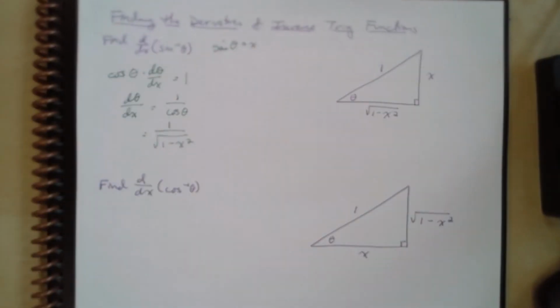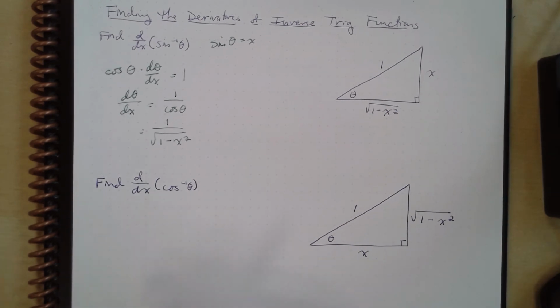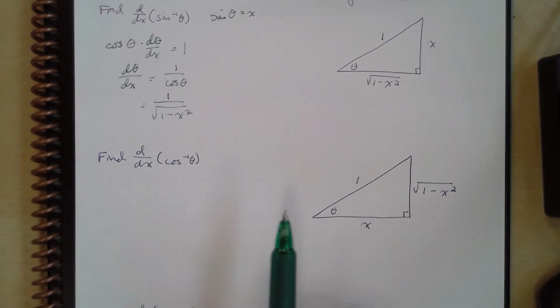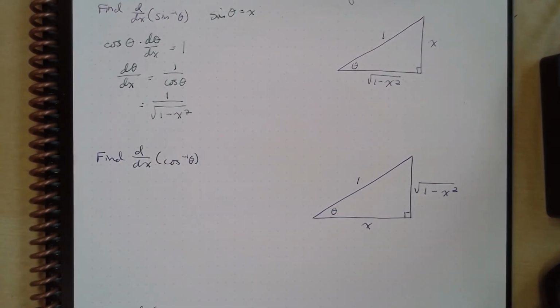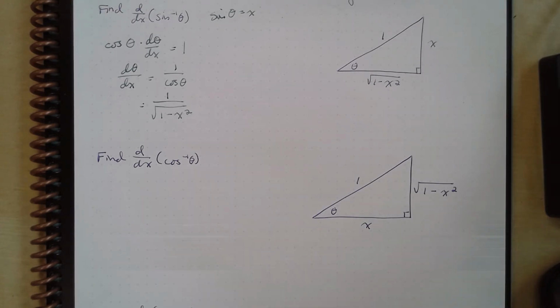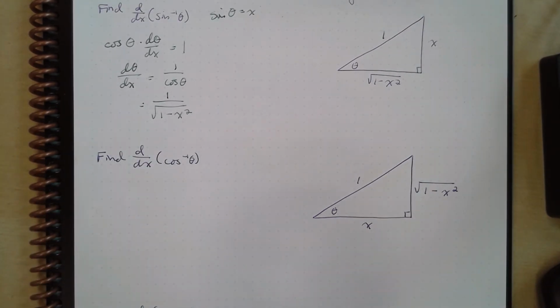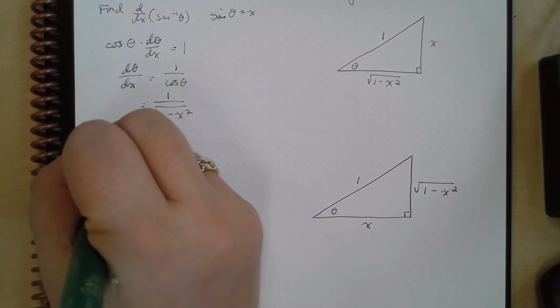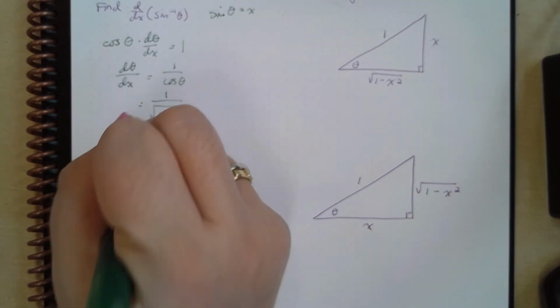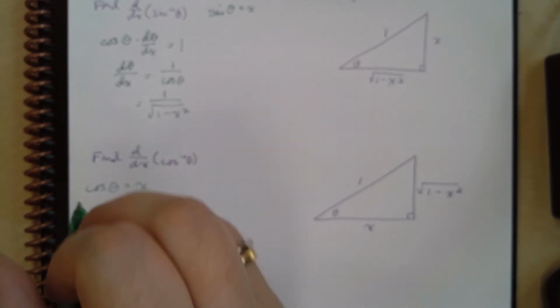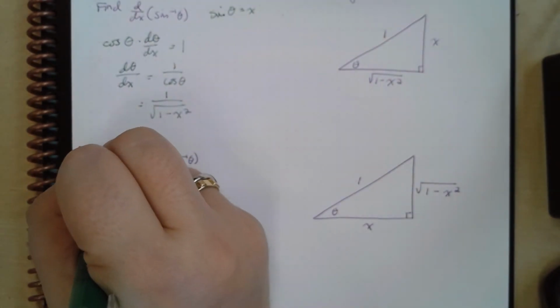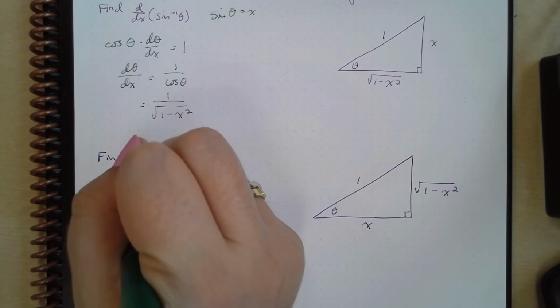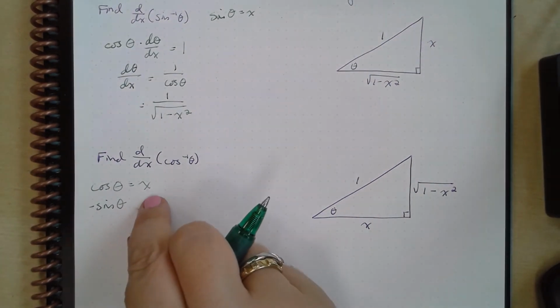Now I'm going to show you how to derive cosine inverse. So here again, you see we have our triangle. We want to find d over dx of cosine inverse of x. So cosine of theta is equal to x. I'm going to take the derivative of both sides. So I get negative sine of theta is equal to 1. That's true, but I forgot something.